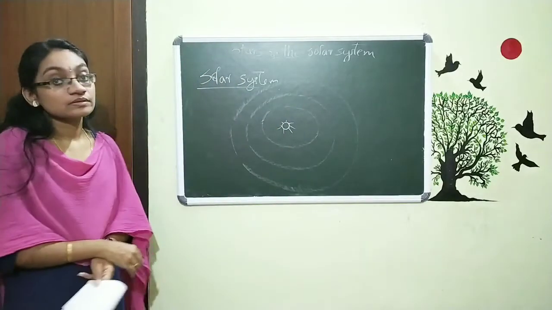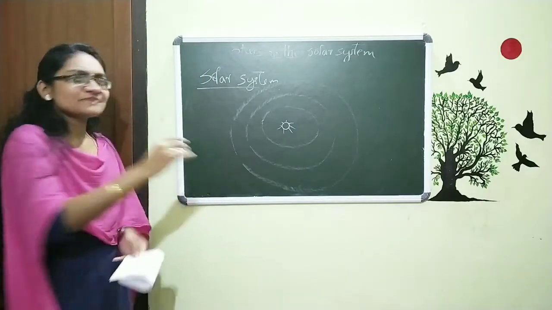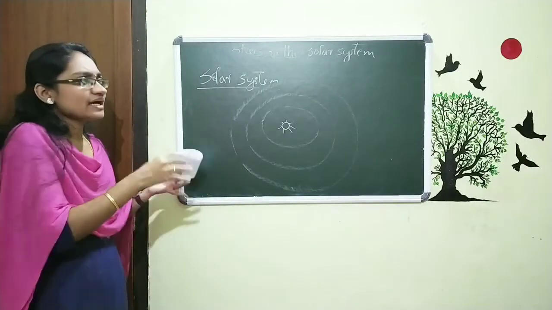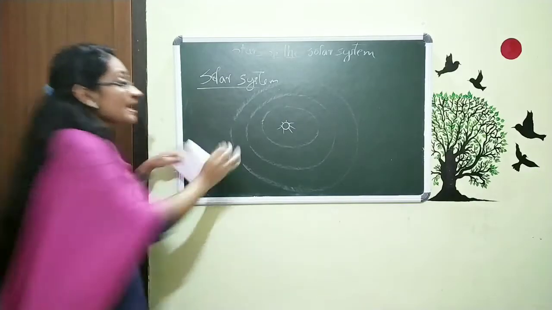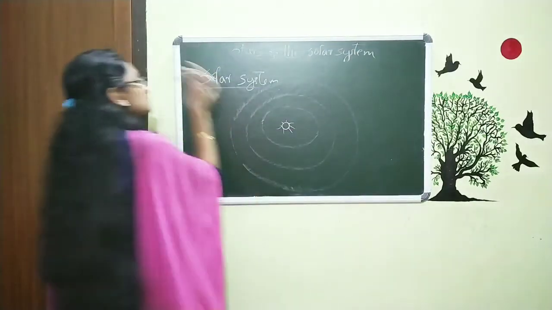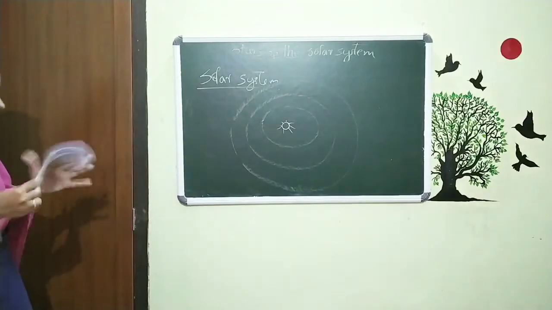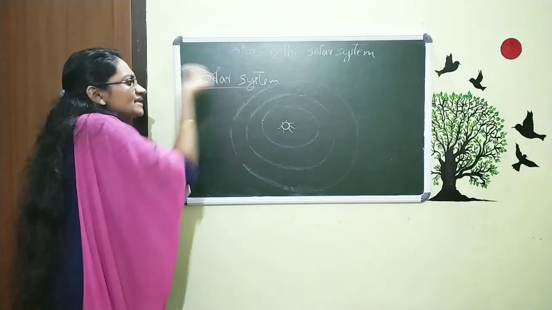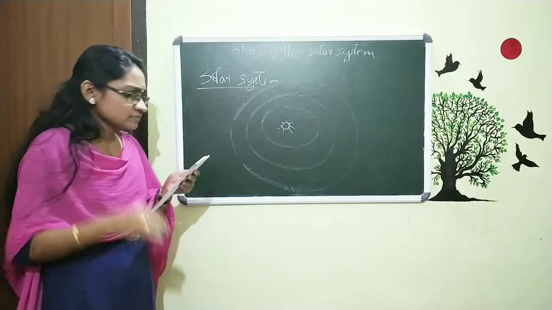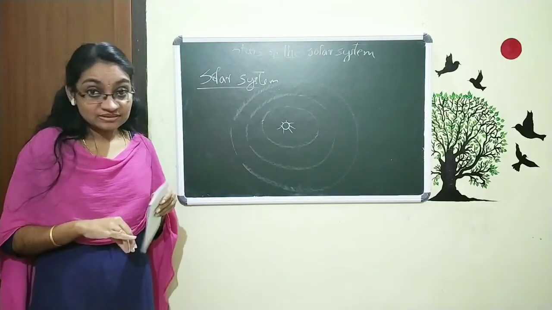All celestial bodies means the planets and asteroids, all the things are just revolving around the sun, and the whole set we are calling the solar system. Now we are going to study what things are included in the solar system. Sun is there. Sun means the star.